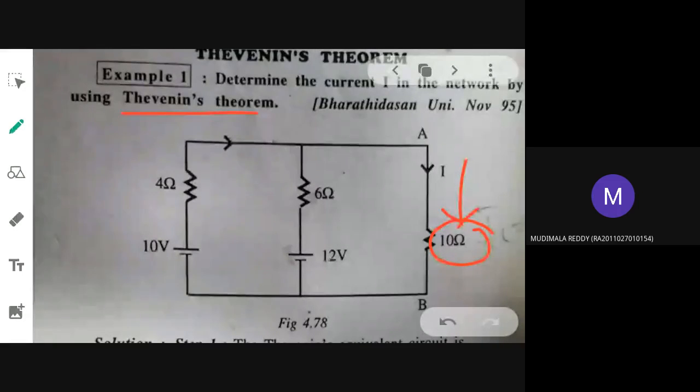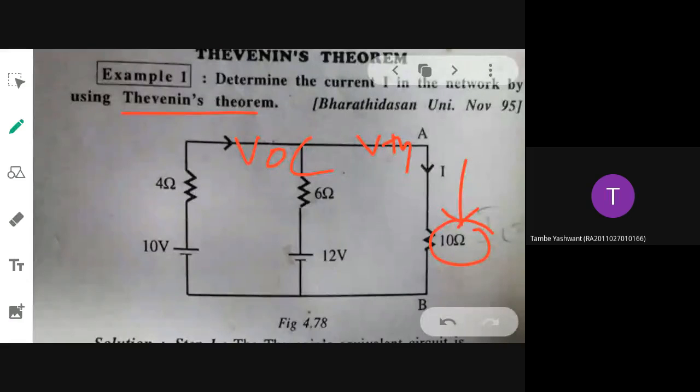In order to do this, the first step is to find VOC. What is VOC? Open circuit voltage, or Thevenin voltage. So between which two terminals is the current flow asked in this problem?